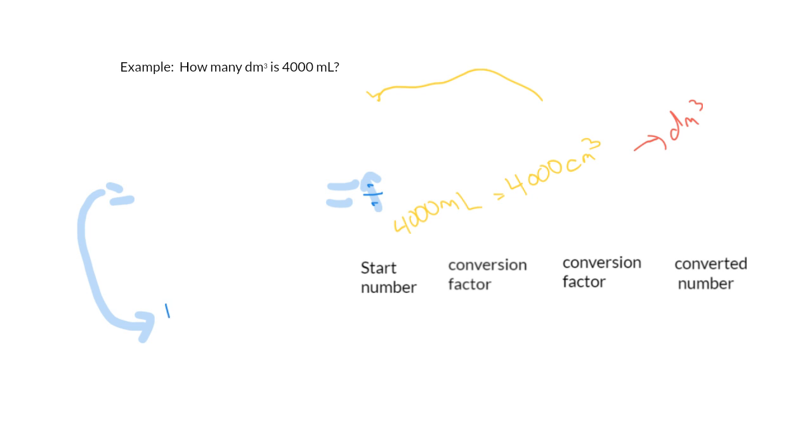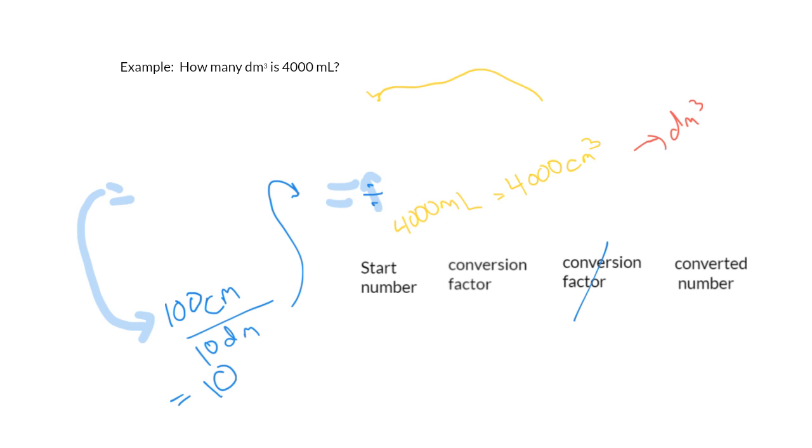So there is 10 centimeters in a decimeter. So that means that there is 100 centimeters in 10 decimeters. That just comes from the conversion table. So the answer to that division, or our conversion factor, is 10.